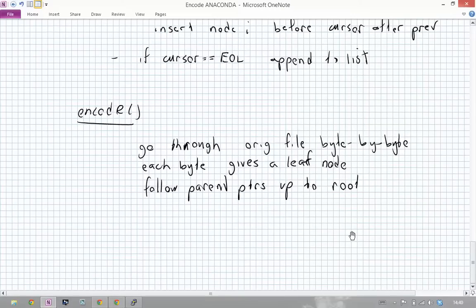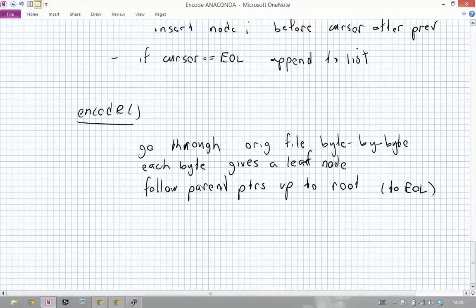How do we know that we're at the root node if we're following parent pointers? Yeah, I'll get an EOL. Right, so I'll follow the parent pointer, and the parent pointer will become -1, which is our end of list character.